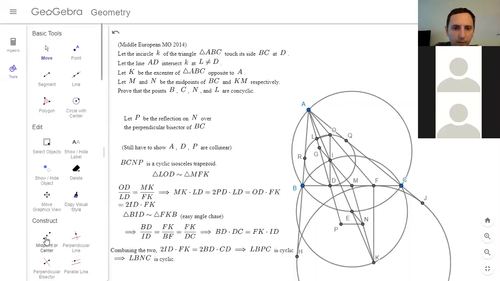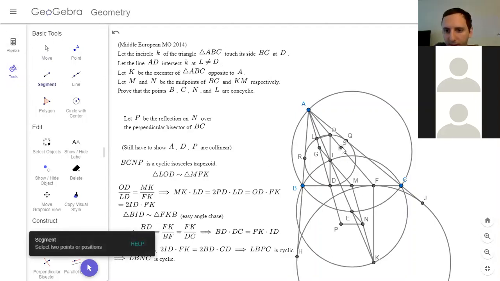So yeah, what if we draw the midpoint of AF? If S is the midpoint of AF, then MS is parallel to AD.